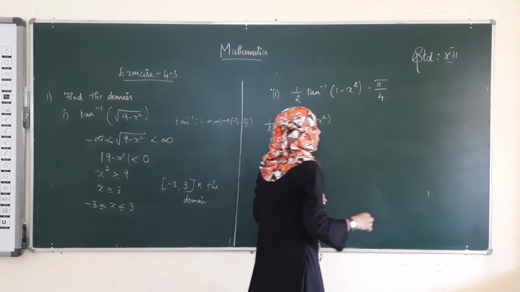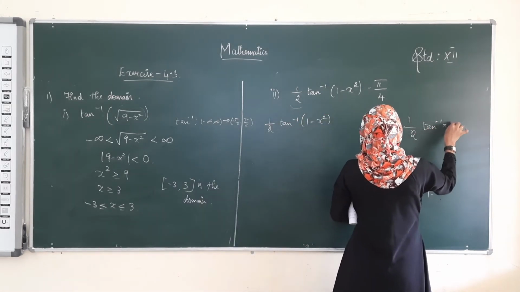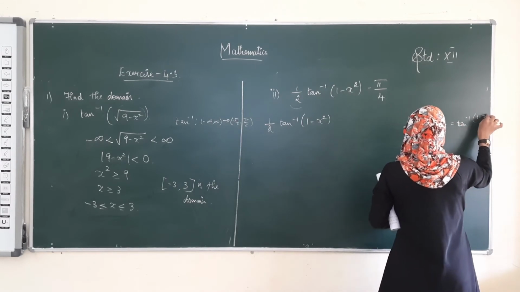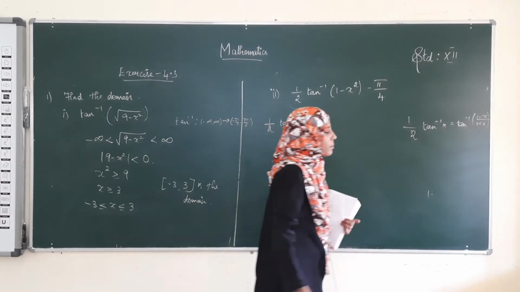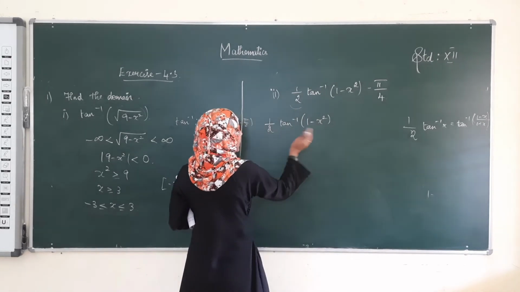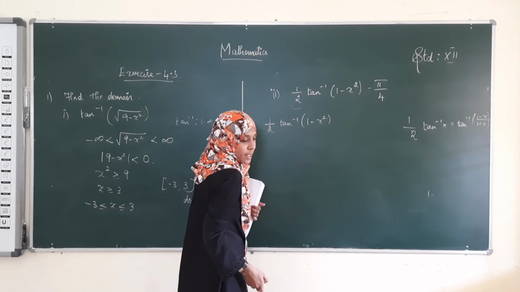There is a formula: 1 by 2 into tan inverse of x is equal to tan inverse of 1 minus x divided by 1 plus x. Okay, this is a formula. See this form, it is the same like that, right? 1 by 2 into tan inverse of, instead of x we have 1 minus x square.